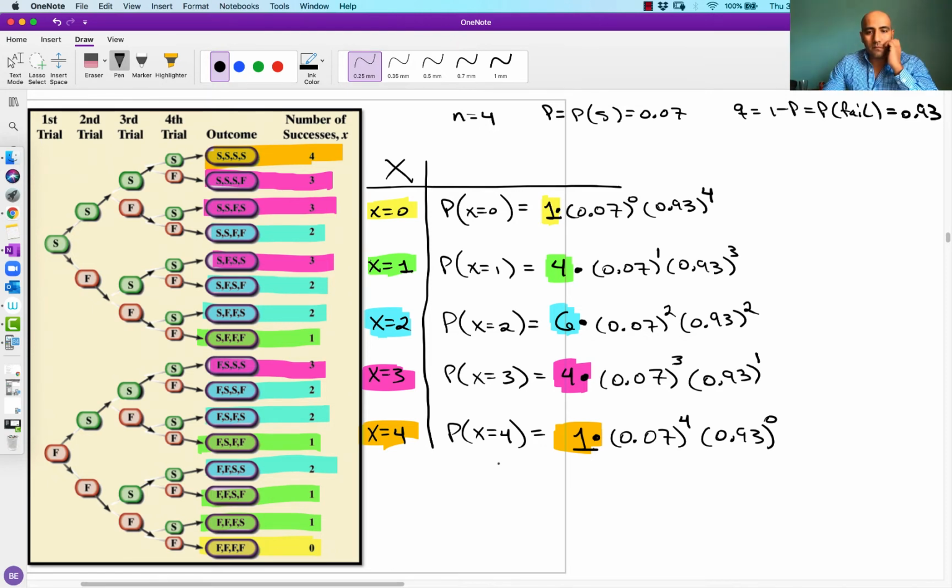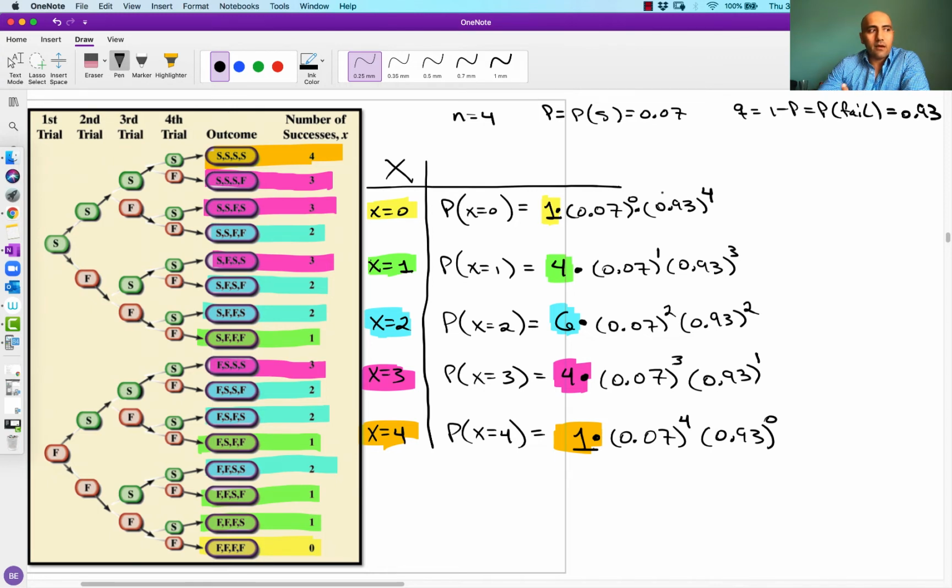Good. So the pattern is actually pretty easy, right? At least this part of it is easy. We're going to multiply the probability of success by the probability of failure, and we have to raise them to the corresponding powers, right? So this has to match with that because we're keeping track of successes. 0 successes, so the probability of success to the power of 0 times probability of failure to the power of the number of failures we have.